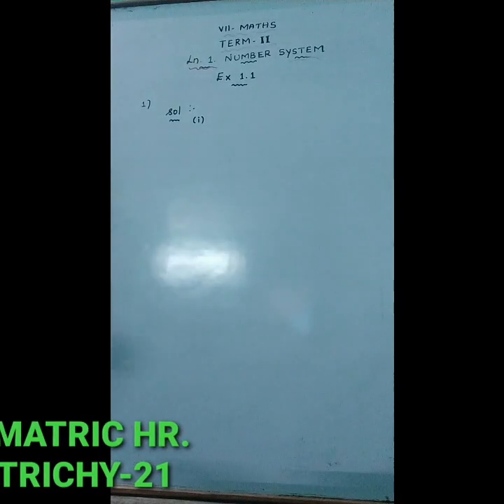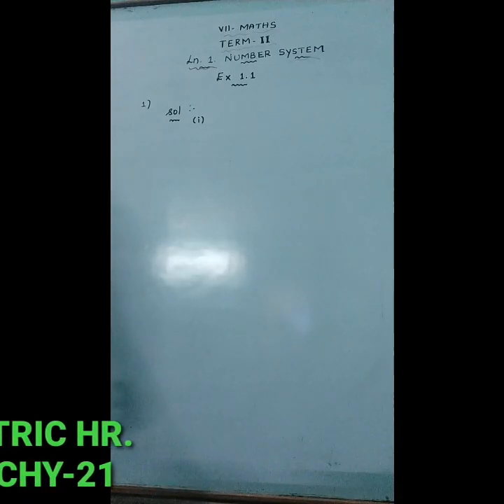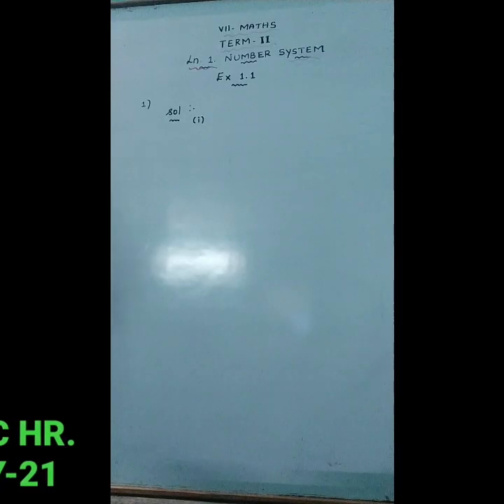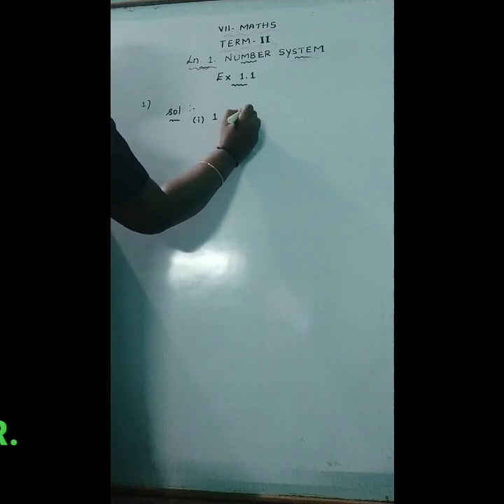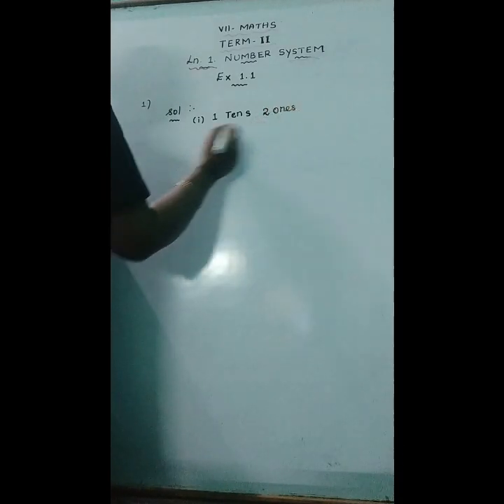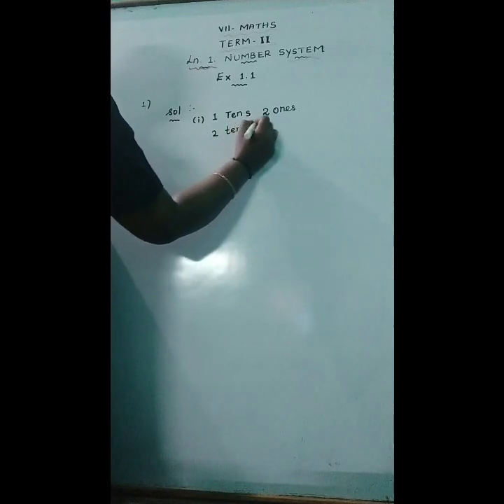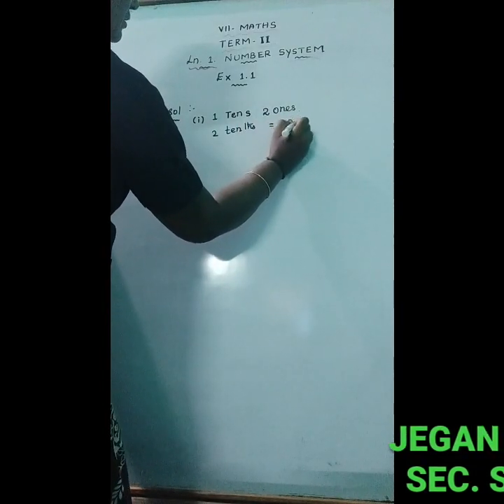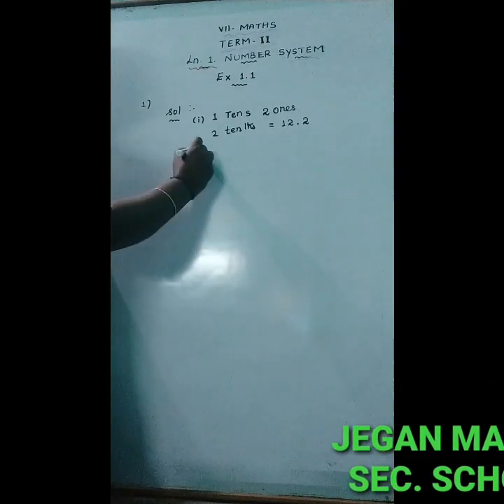In exercise 1.1, the first sum is: write the decimal numbers for the following pictorial representation of numbers. Here two pictures are given. In the first picture, 1 ten, 2 ones, then 2 tenths. So we write the decimal number 12.2.